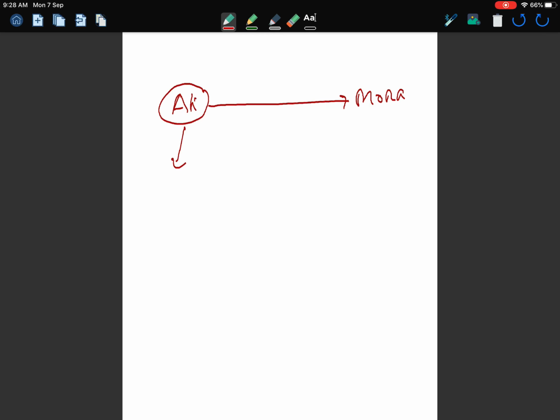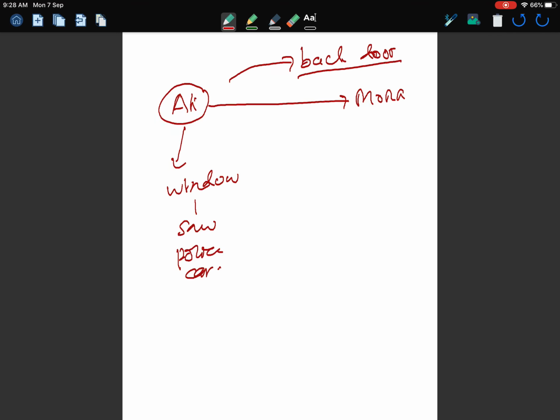Okay? Now I give you another example. Katakanlah facts in issue here is Ali kill Mona. Right? Ali kill Mona. And basically, Ali looked at the door or at the window, and he basically saw a police car stopped by in front of his house.